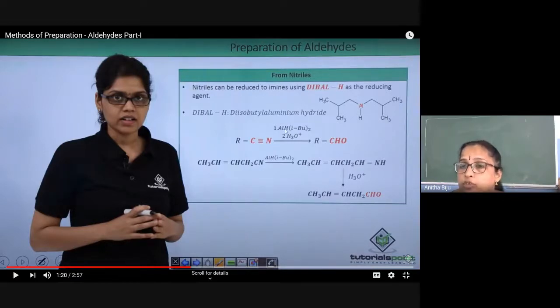Because of this hydrogen, the compound is called hydride. And the second step is the same, acid hydrolysis. We get the corresponding aldehyde.